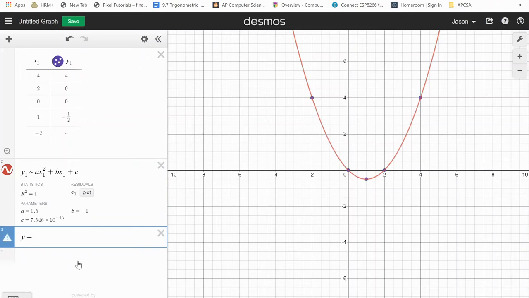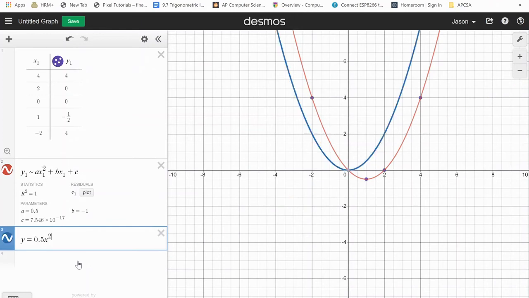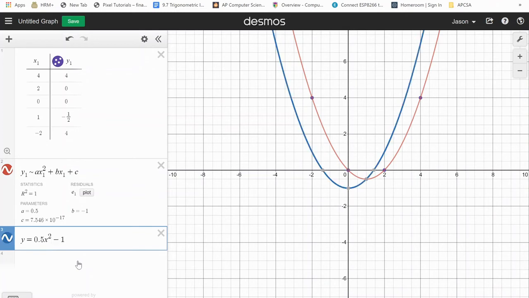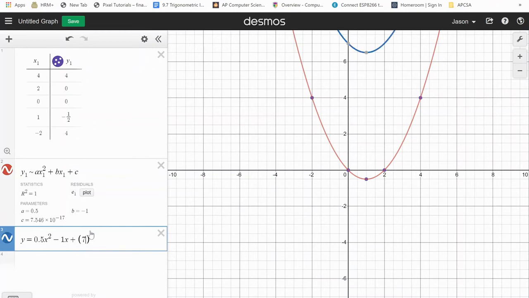Y is equal to 0.5 x squared minus 1 x, and then this one right here, plus 7.546 times 10 to the negative 17th power.